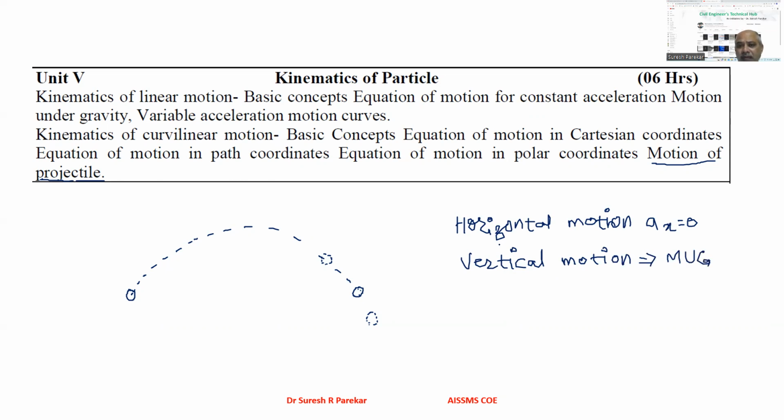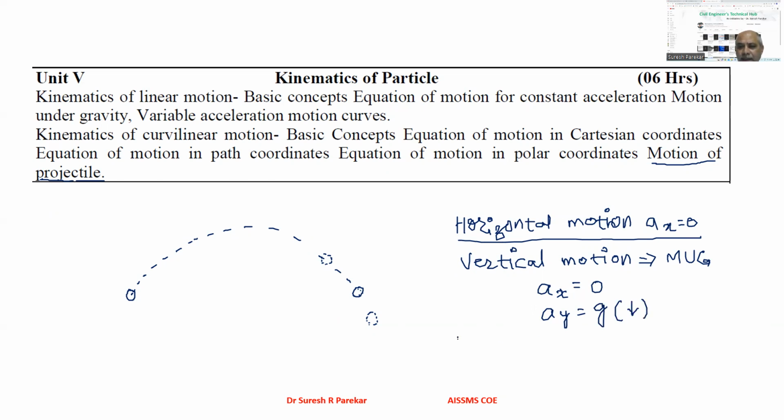So we have to divide this study into two parts. In one, we have ax equal to 0, and in another direction, we have ay equal to g, acceleration due to gravity, in downward direction.